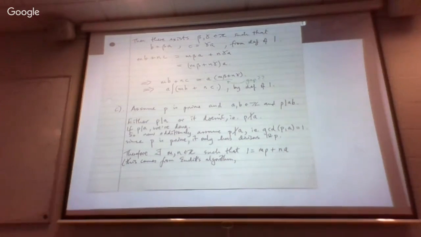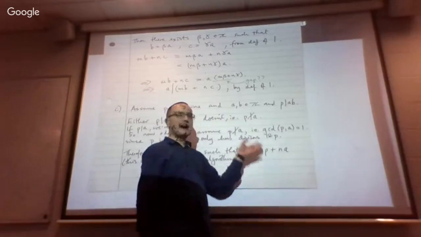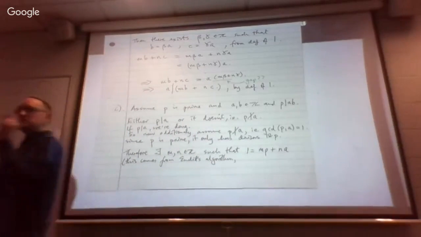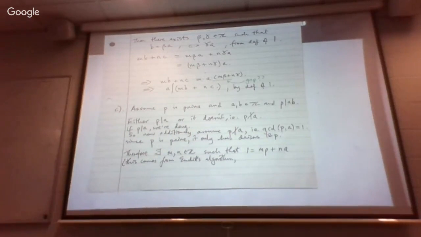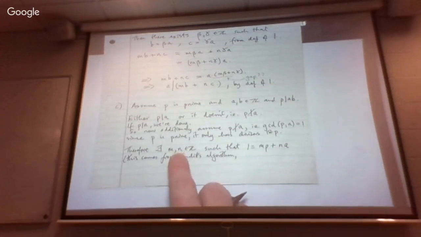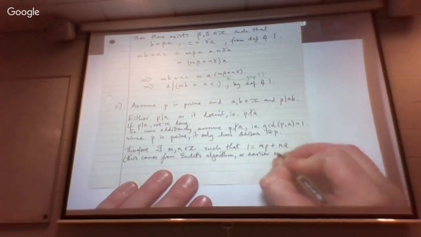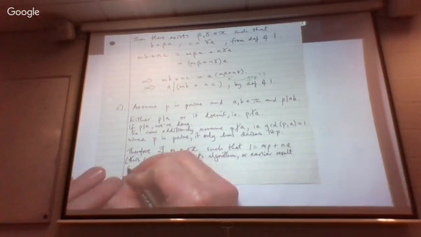Remember, when you do the second stage of Euclid's algorithm, after finding the GCD, you then run it backwards and find the pair of coefficients that multiply the two numbers and give you the linear combination equal to the greatest common divisor. Here the greatest common divisor is 1. So this comes from Euclid's algorithm, or earlier results characterizing the GCD.